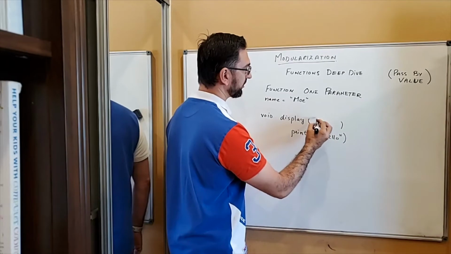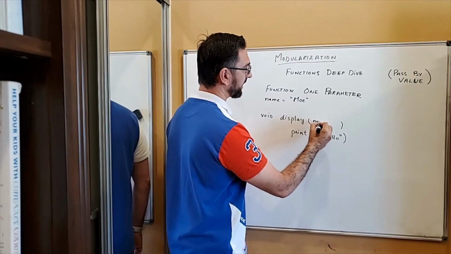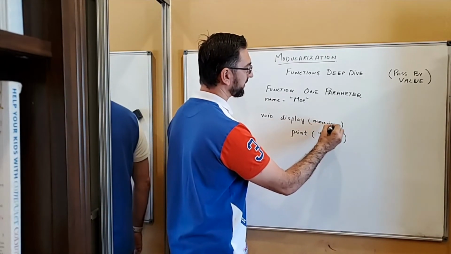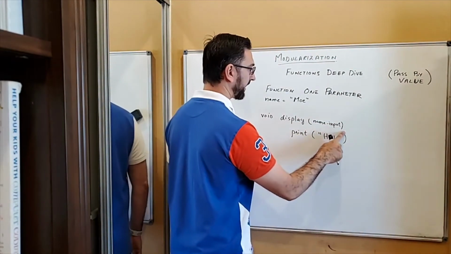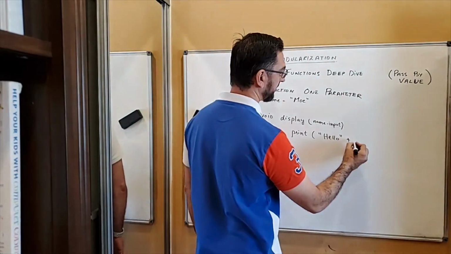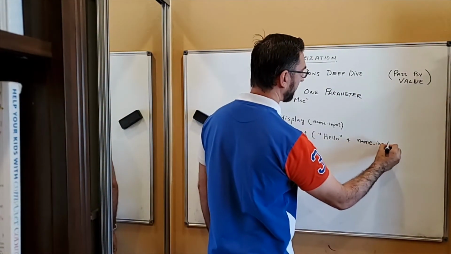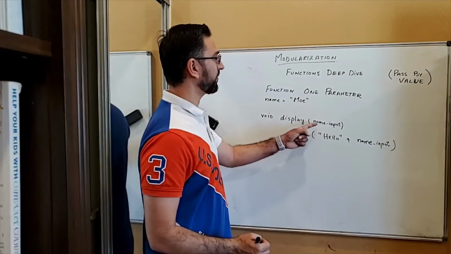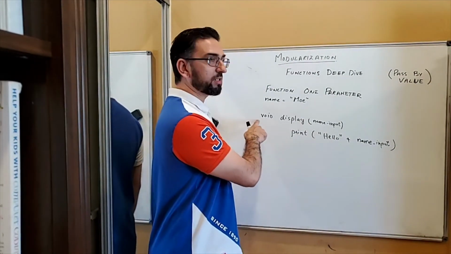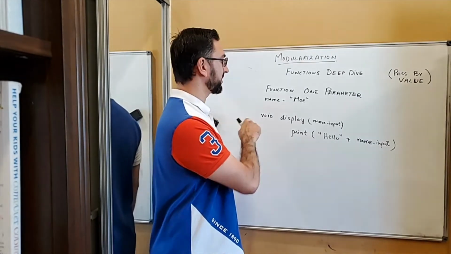So I can call this variable name input, for example, and then I can use this input and say hello name input. This is an example of a function which takes in one parameter, but it still does not return anything back to the caller.